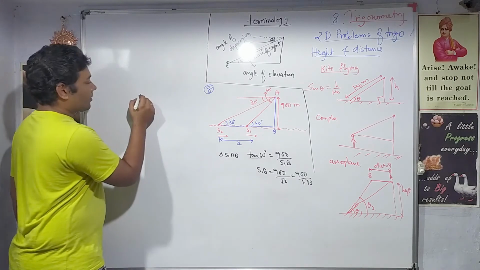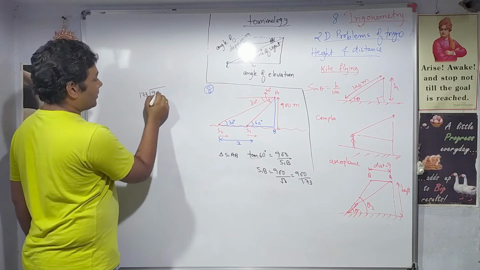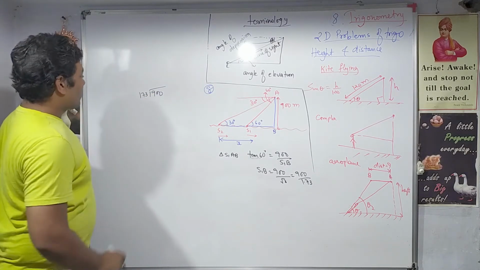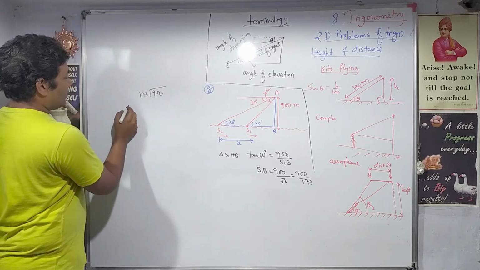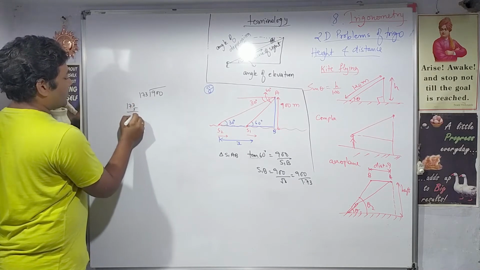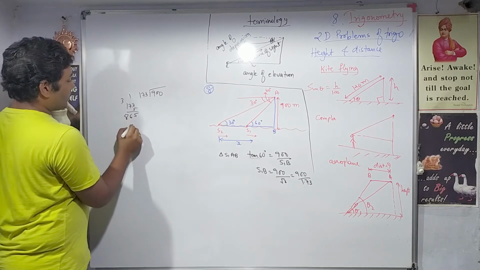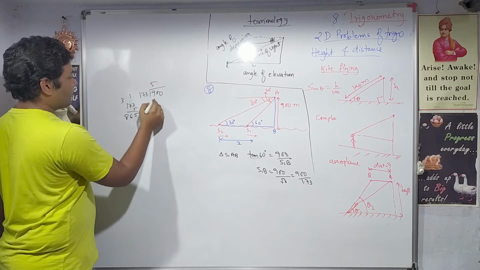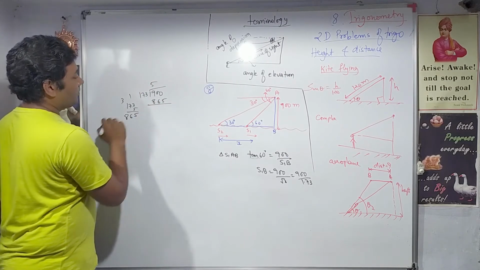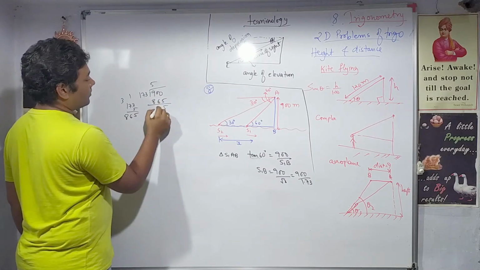Let us do the division. So 900 upon 1.73.